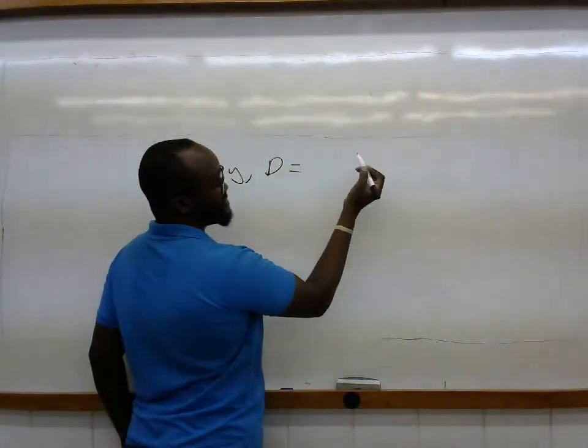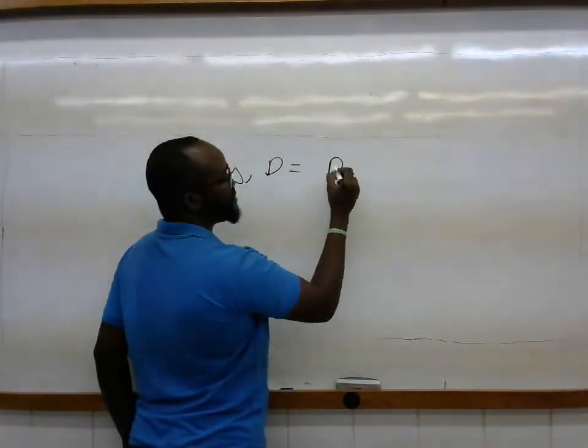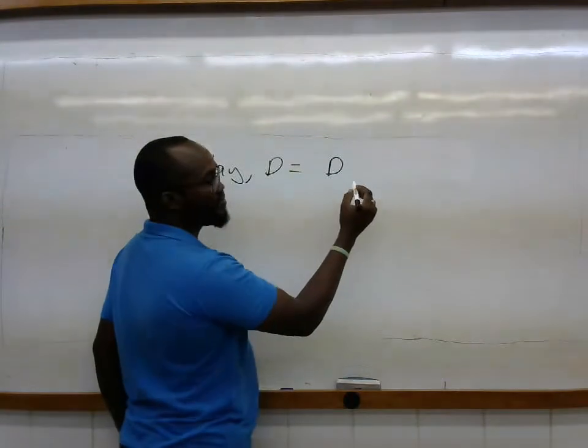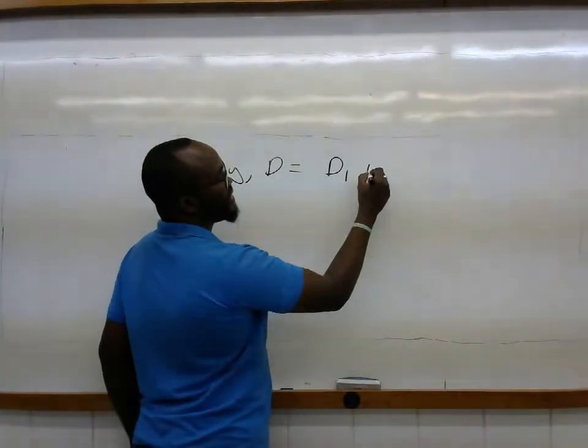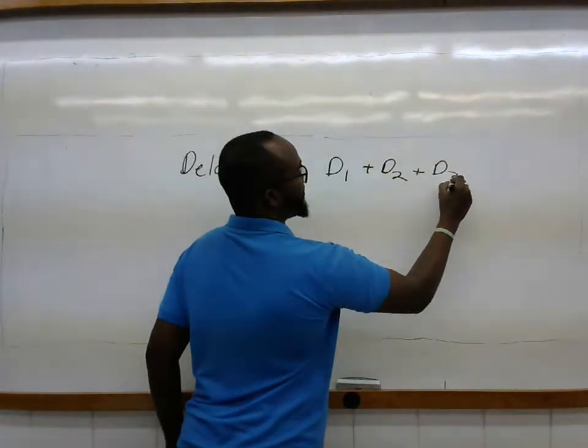D1, some texts have it as common D, some have it as capital D, so we'll be using capital D for our coursework. D1 plus D2 plus D3.